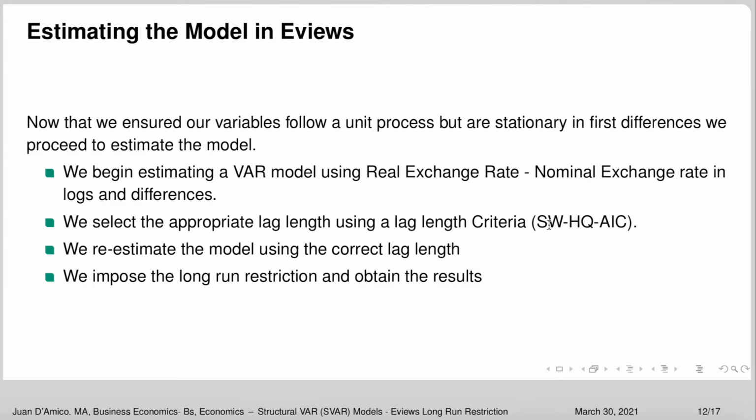In this case, we would take a look at the Schwarz, Hannan-Quinn, and Akaike criteria. And then we are going to re-estimate the model using the correct lag length. Finally, we're going to do the structural factorization, impose the long-run restriction and obtain the results. So now let's go to EViews and estimate our model.